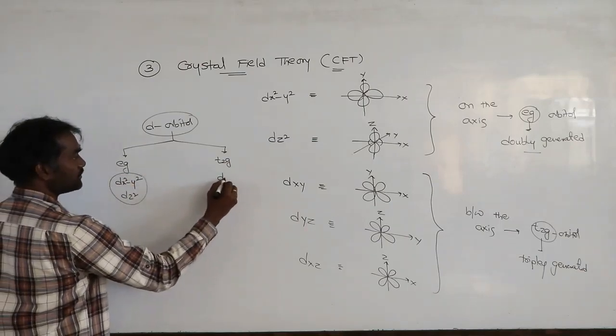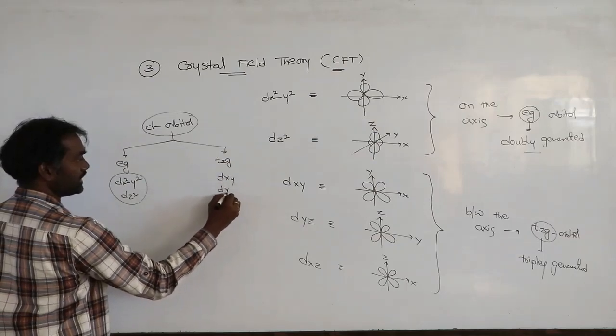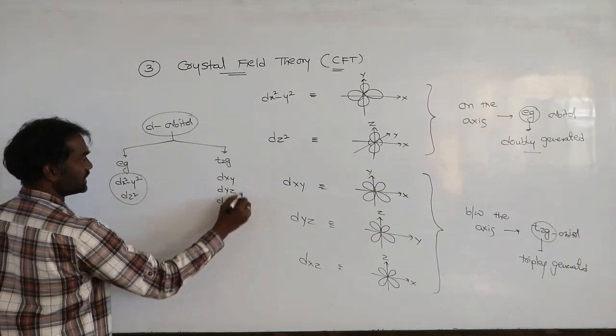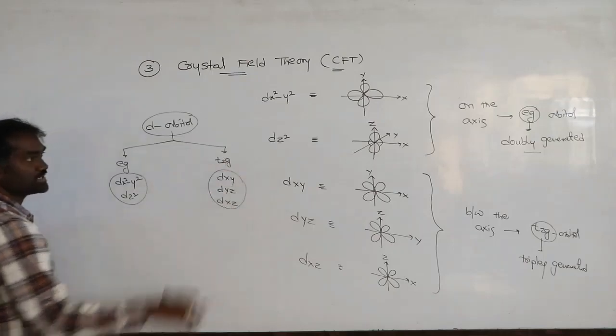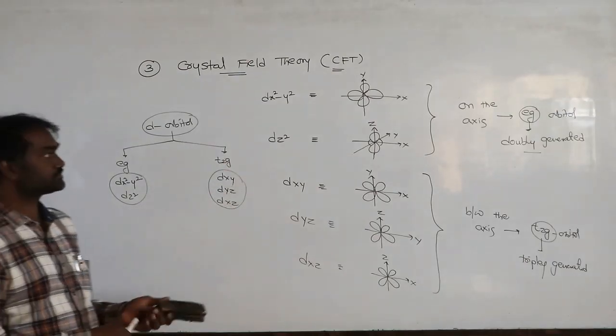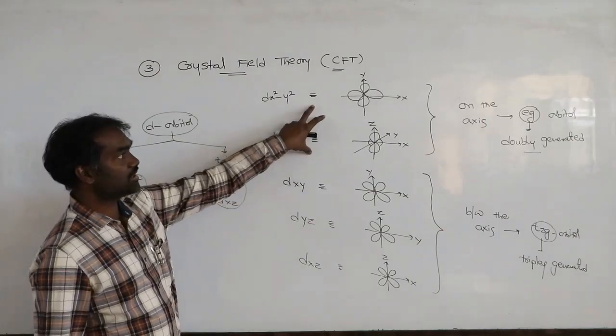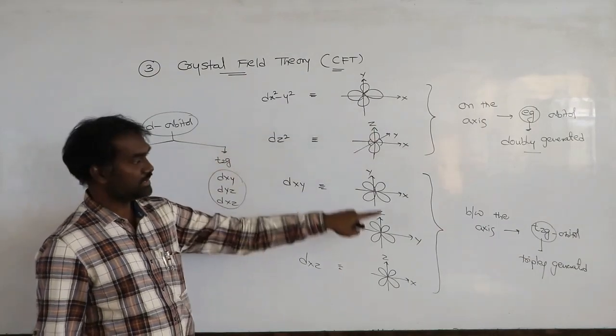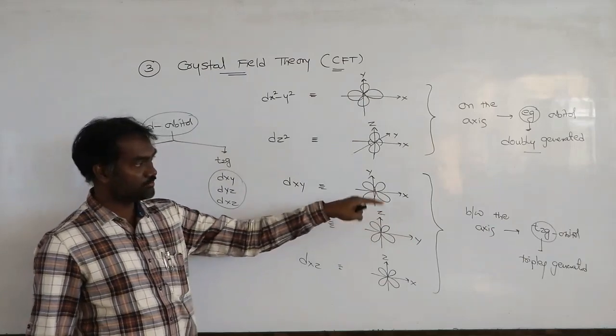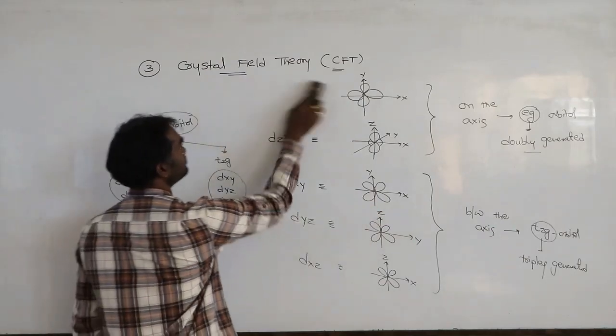T2G are dxy, dyz, dxz. This is the second point. Next important: EG orbitals are present on the axis, and T2G orbitals are present between the axes.